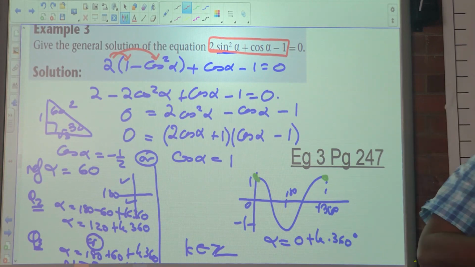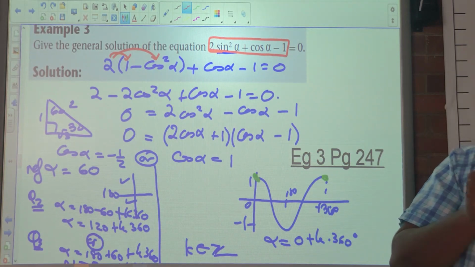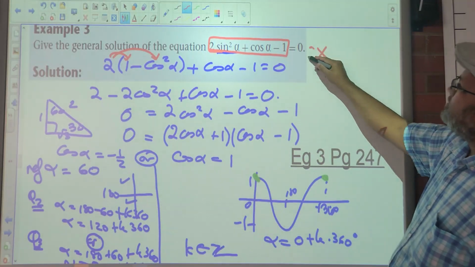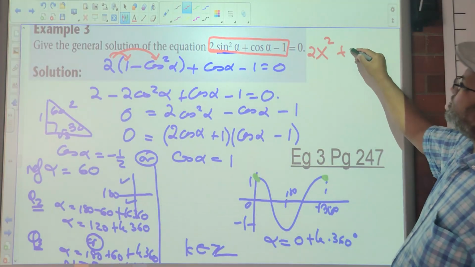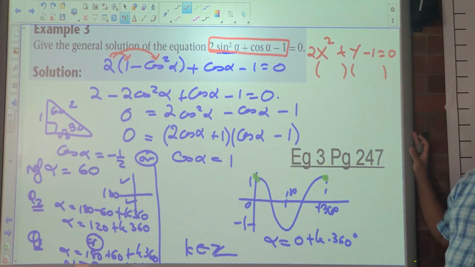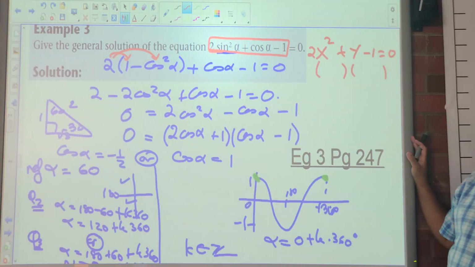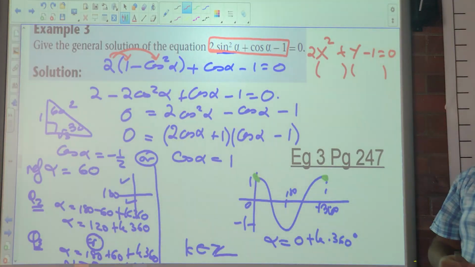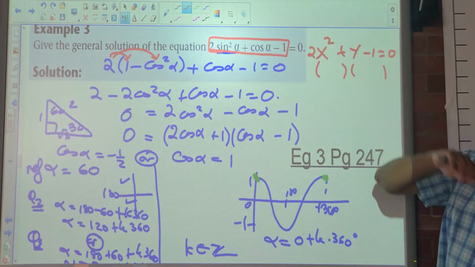So for me to factorize a trinomial into a zero factor format, the variables have to be the same, because if I had 2x squared plus y minus 1 is equal to 0, could I have factorized this trinomial? You can't.